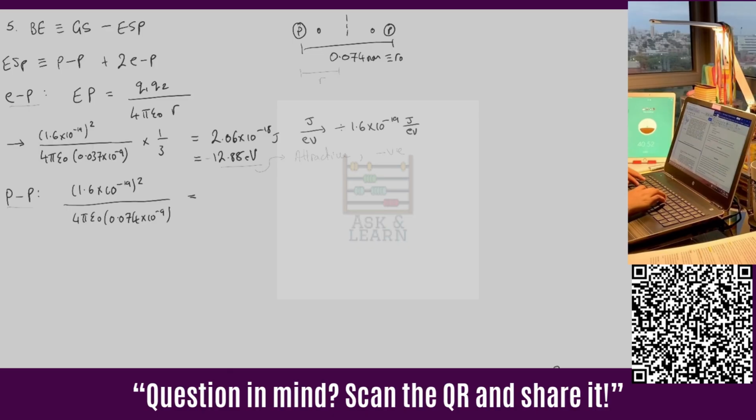And this is roughly equal to 3.09 times 10 to the minus 18 joules, which, given our conversion from before, we can rewrite as 19.33 electron volts. Okay? And the proton-proton interaction is repulsive, so they push each other away, so the potential is positive.